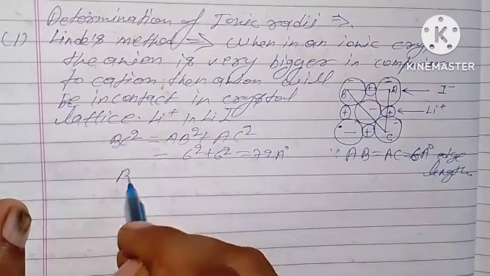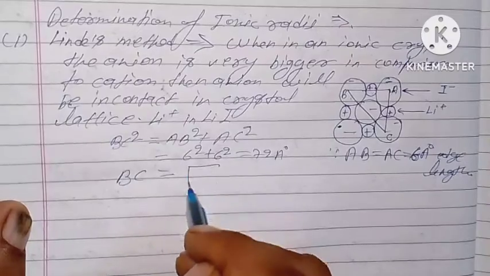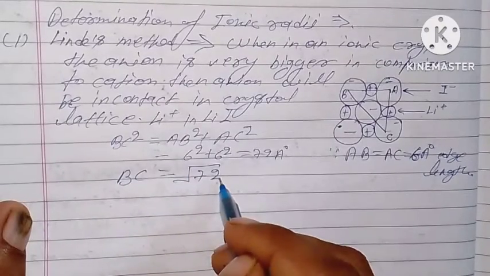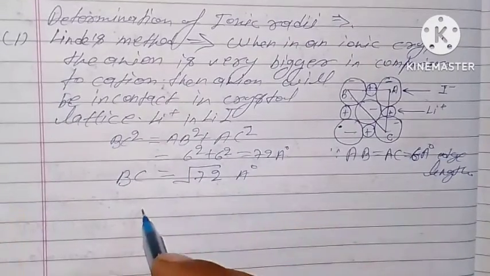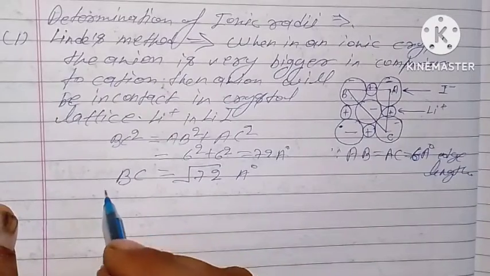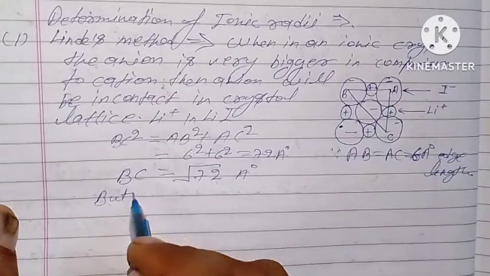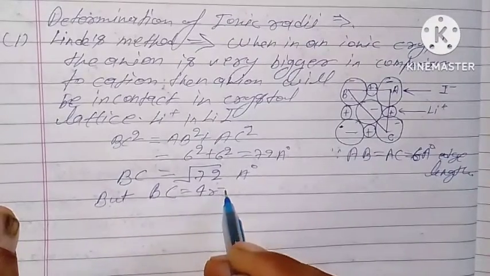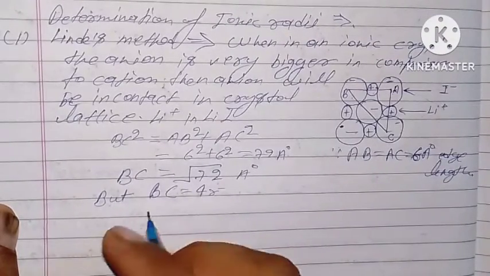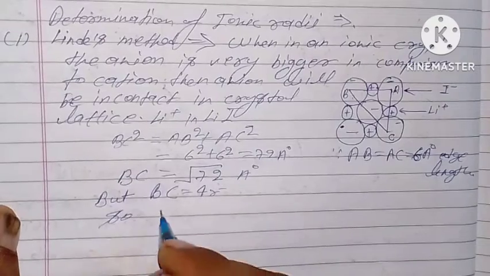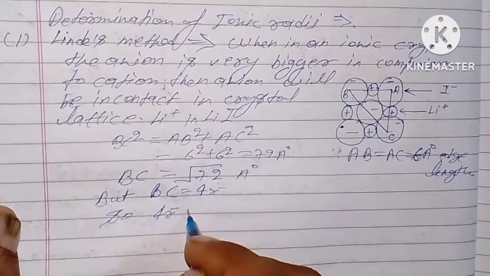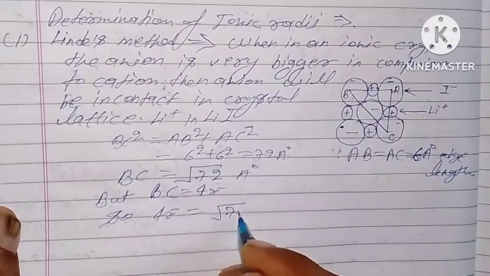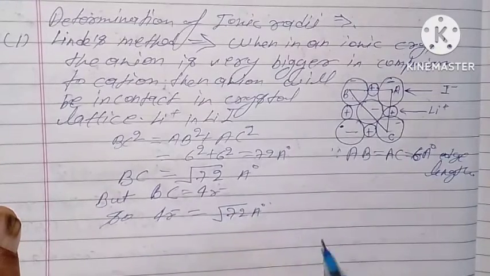Then BC equals root of 72 angstrom. But BC equals 4 R negative, so 4 R minus equals root 72 angstrom.